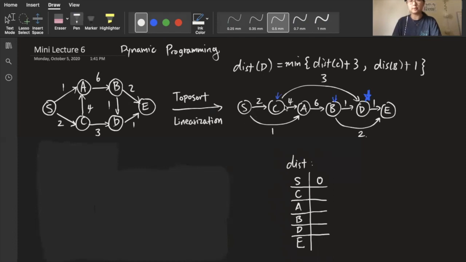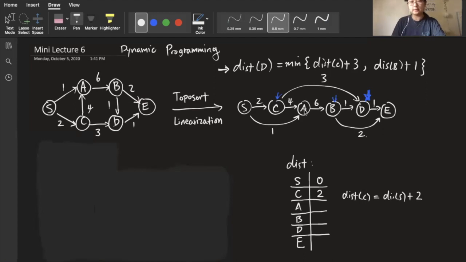There are no paths from a node that I haven't explored back to C. So I only care about any paths that started with nodes to the left of C. In this case, we only have one parent of C, which is S. So doing something very similar to this equation here, I can just say that the distance to C has to be the distance to S plus the 2 from S to C. So I can fill in that the distance to C is 2.